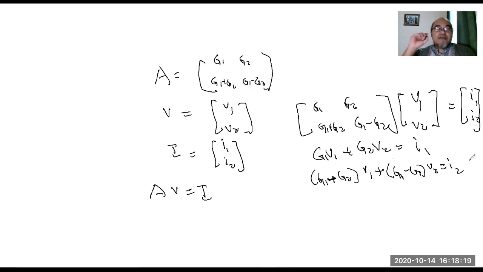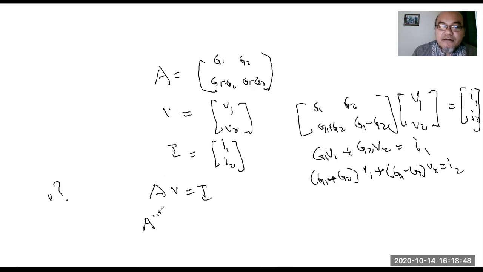For simplicity, we just use 2 by 2 matrices. Then we can calculate the voltages. The question is the column matrix or vector of the voltages in that circuit. As I mentioned, multiply both sides with the inverse of the A matrix.